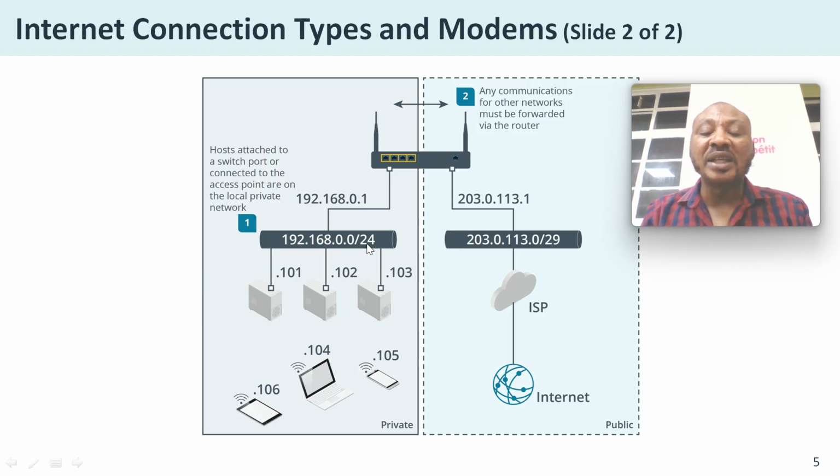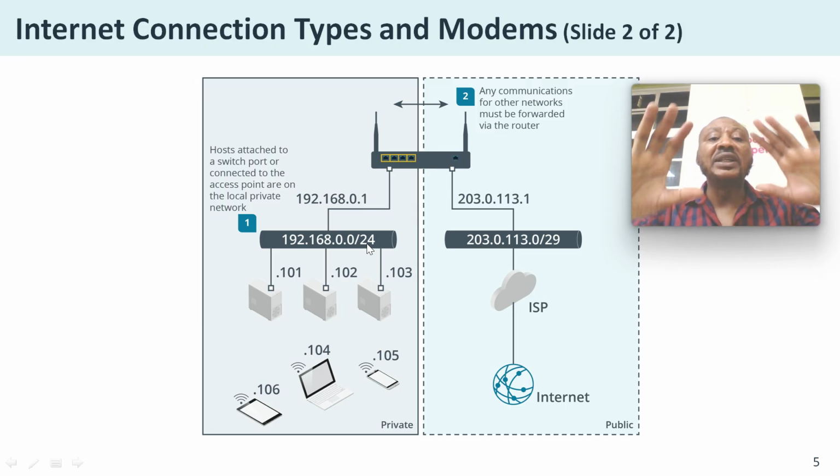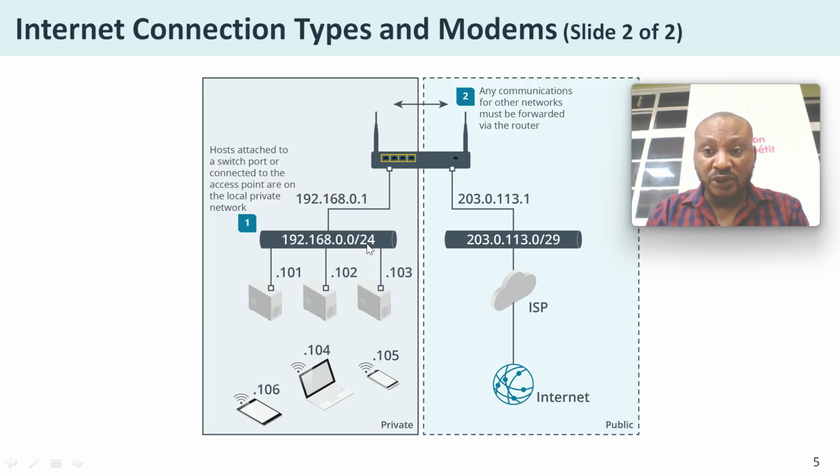Now, where on Bowen Street do you live? If you live at number 5 Bowen Street, number 5 is your host portion of the address. So the host portion is different. The network portion identifies the given network, and the host portion uniquely identifies that host in that given network.